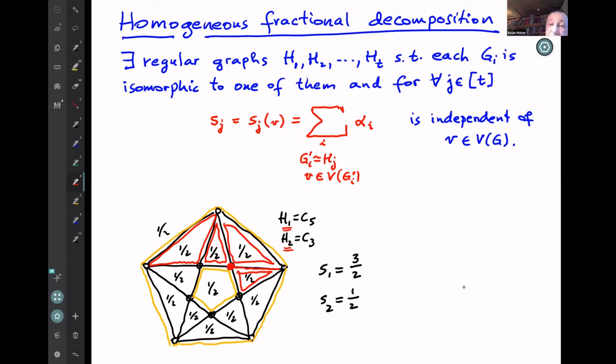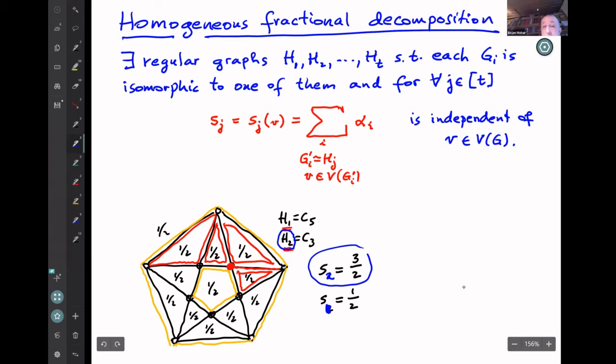I want that the sum of the weights is the same. So if I look at the weights corresponding to H2, every vertex has 3, so 1/2 plus 1/2 plus 1/2, so it has weight 3 halves associated with, that would be S2, I guess. And this one would be S1.